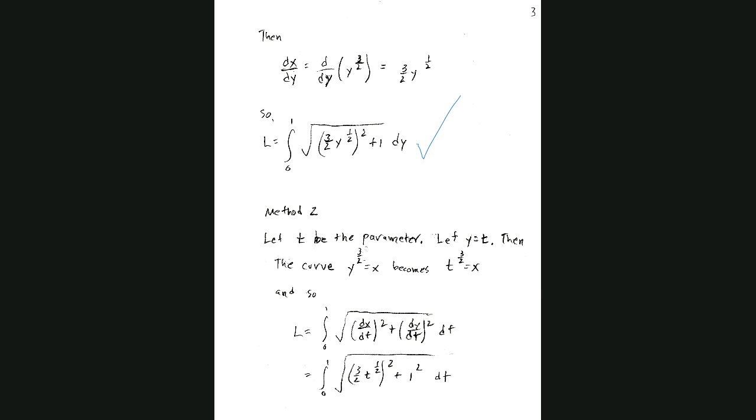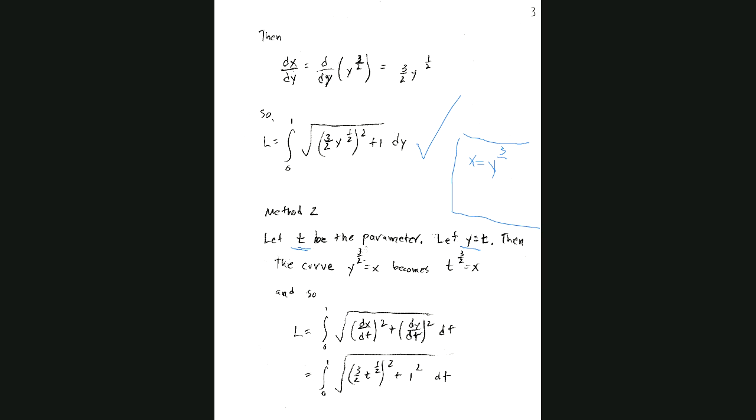Second method, of course, would be to let t be the parameter, because you're used to letting t be the parameter. But what you have to do then is let y equal t. So remember, you have x equals y to the 3/2. So in this case, y is your independent variable.